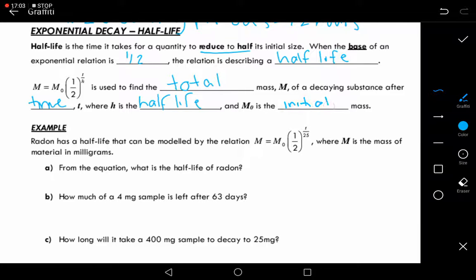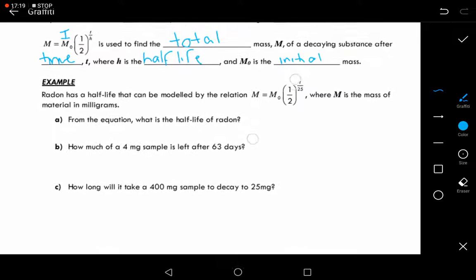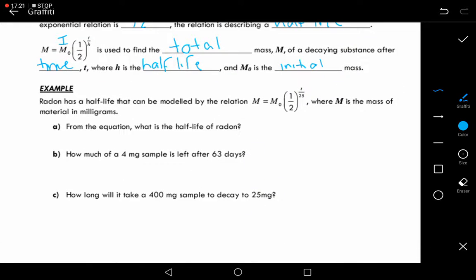So again, we're using different variables here so that you don't get them confused, but m₀ is essentially the same as I, h is essentially the same as d, right? It's the same thing as what we just looked at above. It's just representing a half-life instead of a doubling period. So again, a half-life is how long it takes to get to half of its original size.